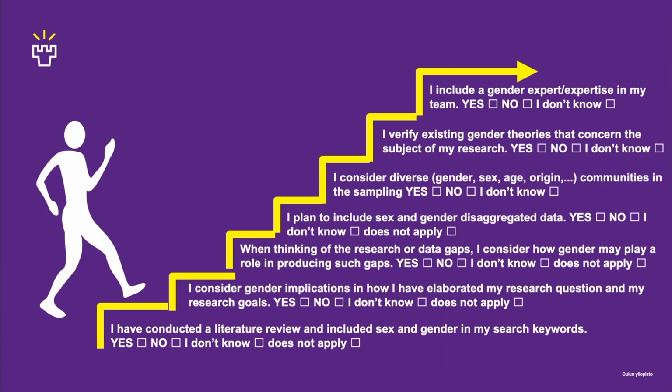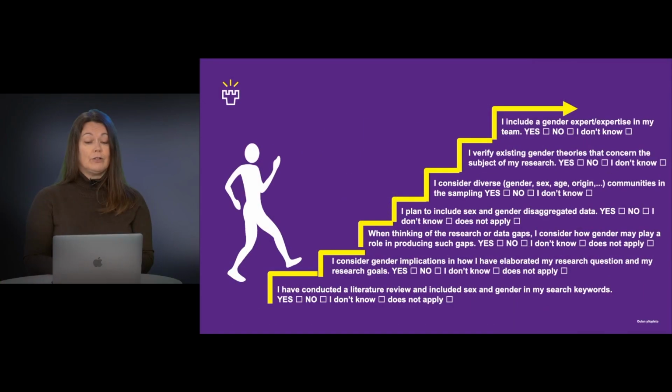So the first step here in relation to excellence: I have conducted a literature review and included sex and gender in my search keywords. Have I done it? I don't know. Does not apply into my research area. Maybe it would be anyways interesting to try what kind of findings you could find if you would use those keywords.